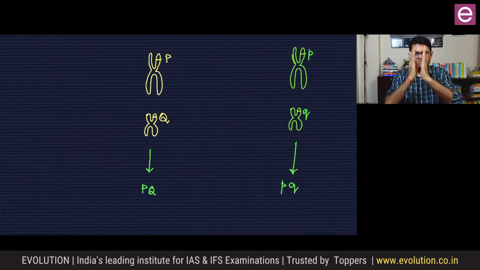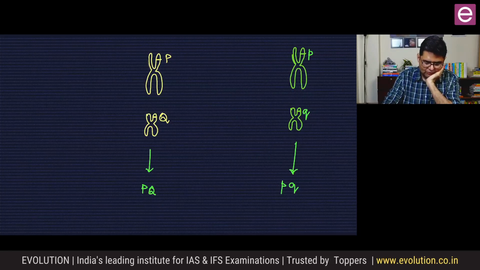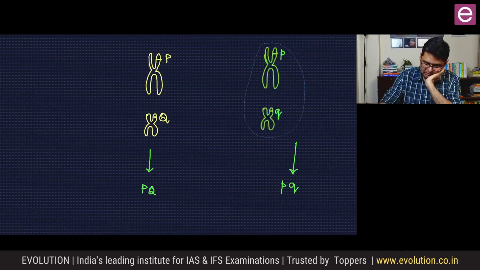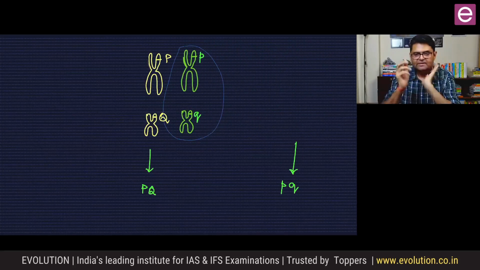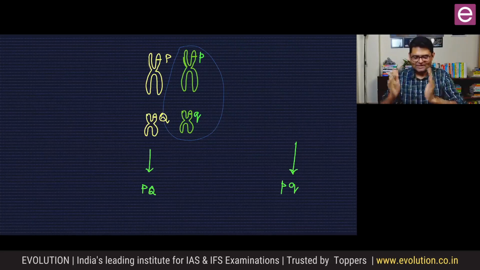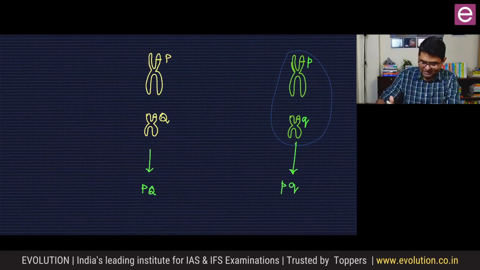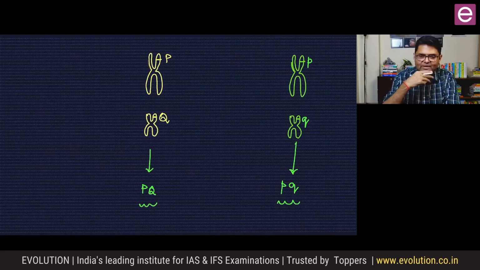So on the meiosis 1 metaphase, these chromosomes were aligned face to face, and coincidentally, the dominant allele of both the genes were on one side and recessive allele were on other side. So when it was separated, it will give recessive allele gametes and this will give dominant allele gametes.